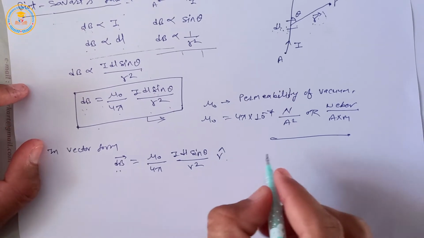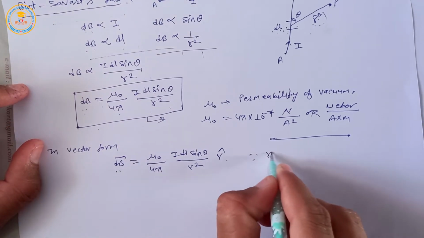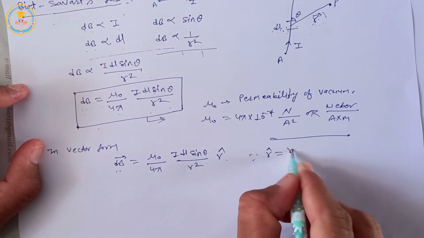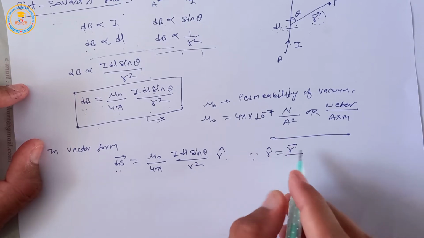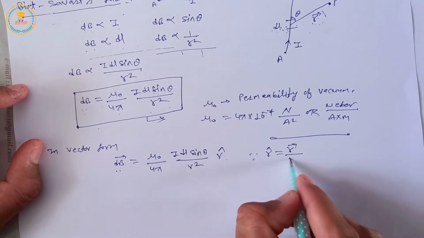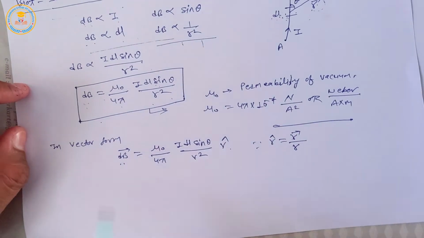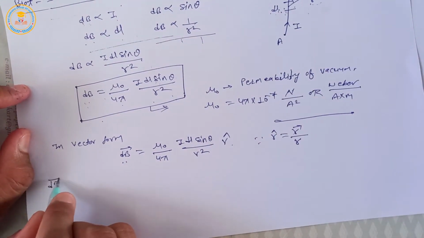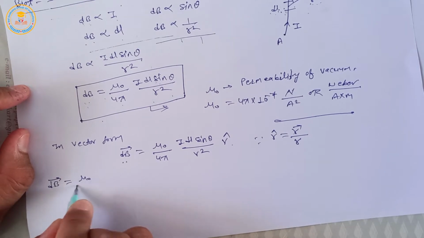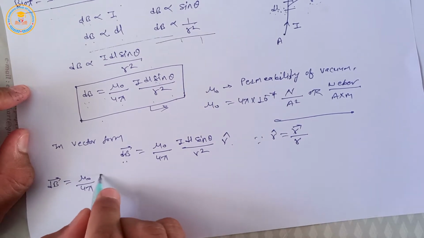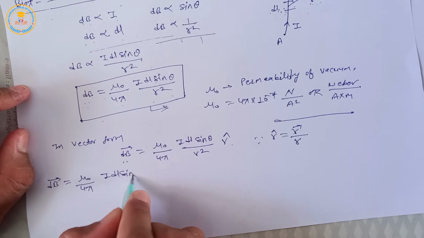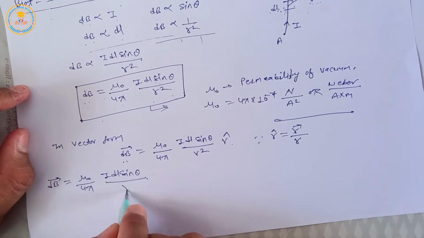We know that the value of r cap is equal to the r vector upon the magnitude of r. Then putting the value of r cap, we get dB vector equals mu naught upon 4 pi I dl sine theta upon r cube.